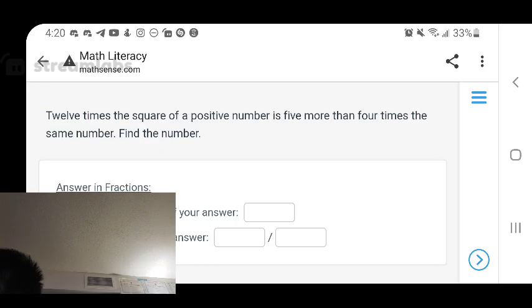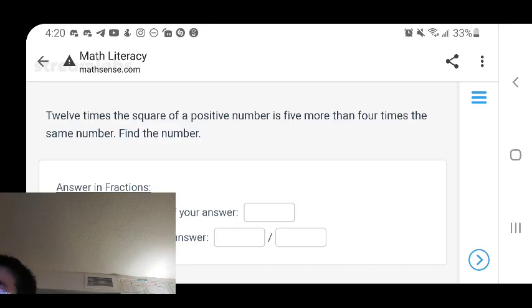And number 6x minus 5. So 6x equals 5, x is 5/6. And let's put this back in. 12 times the square of a positive number, 5/6. You square it. Is 5 more.